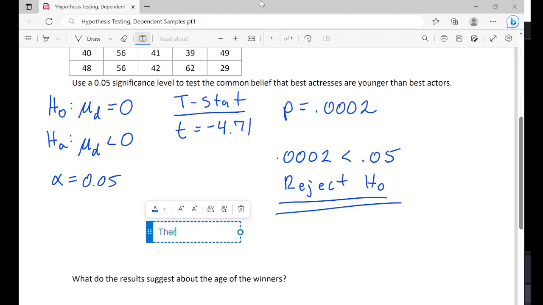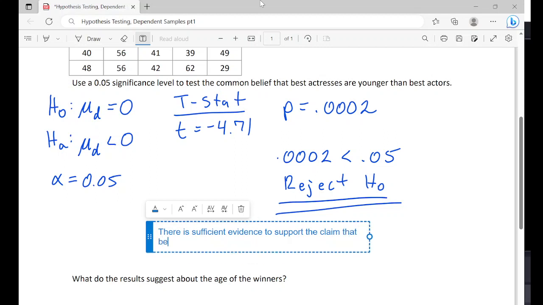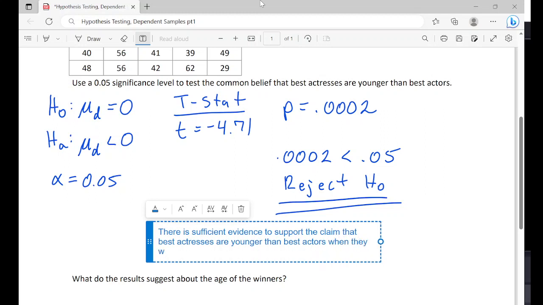So we could say that there is sufficient evidence to support the claim that best actresses are younger than best actors when they win the Oscar.